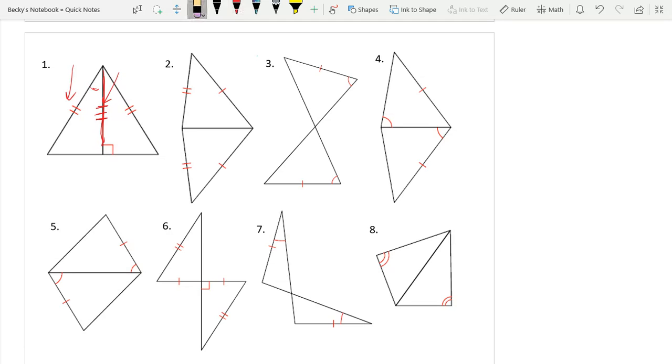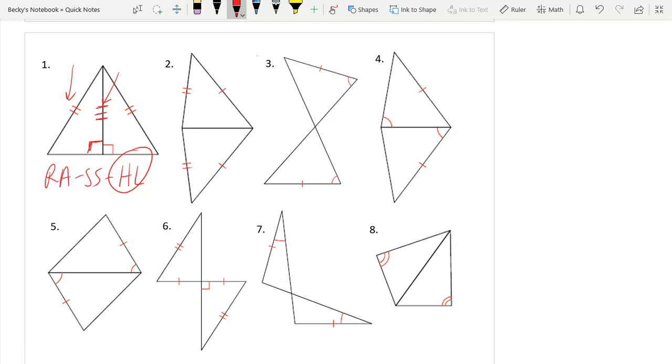No. So it's side, side, and then the angle, which we can't do, right? But this is a right angle. So when it's a right angle, side, side, we know that we write HL. So that one I feel is the trickiest of all of them.